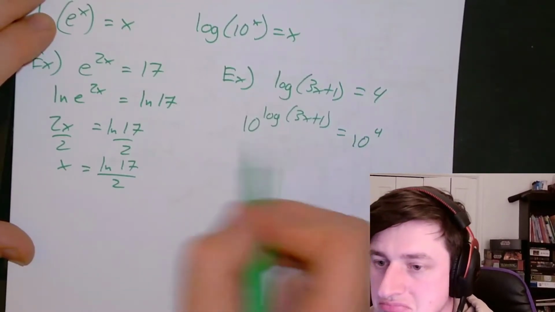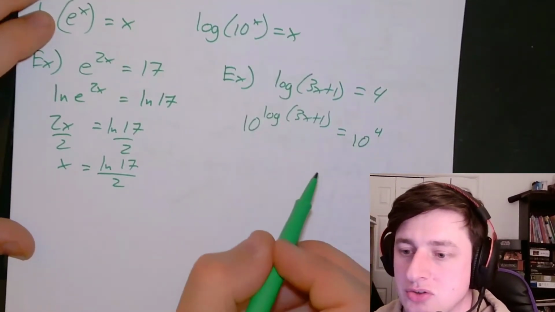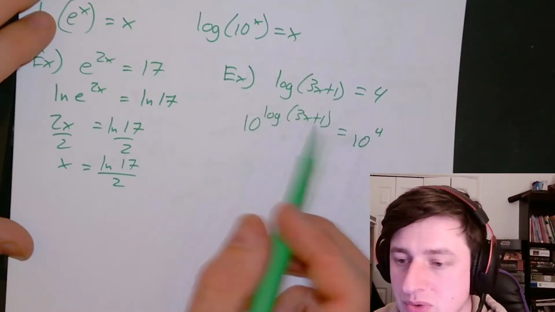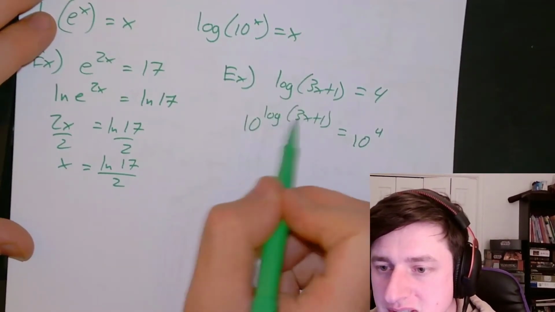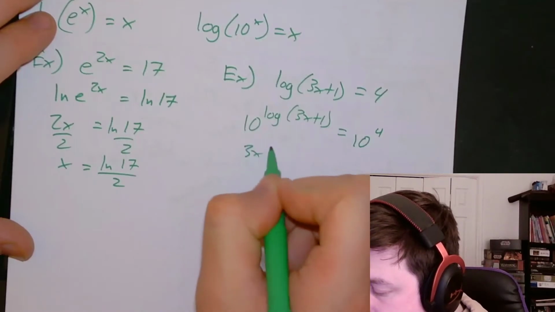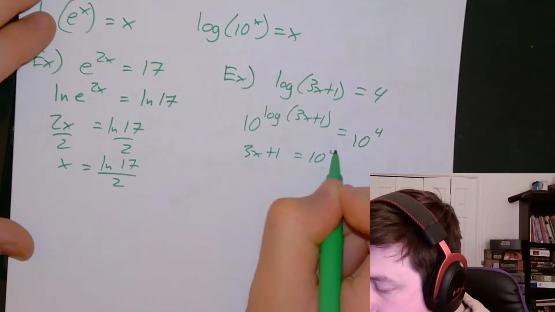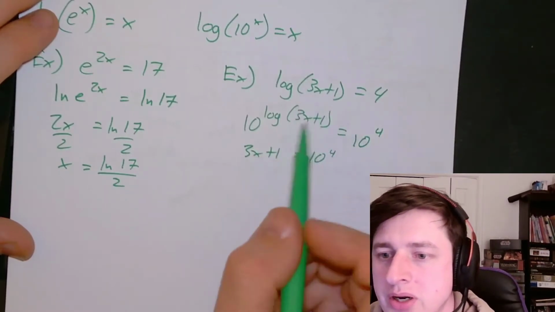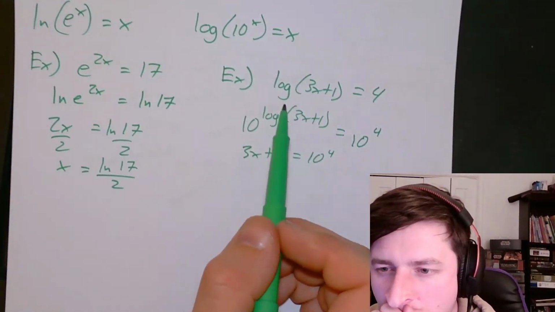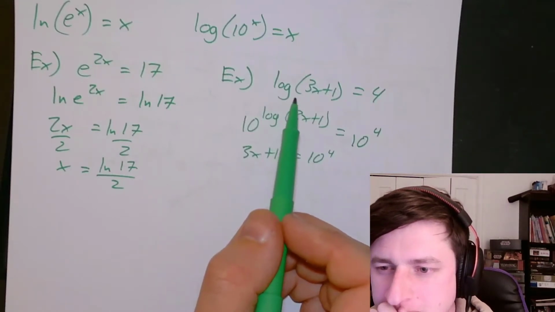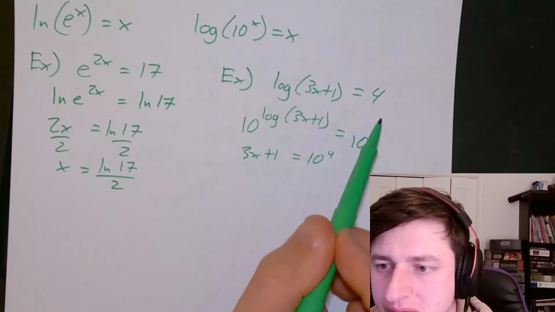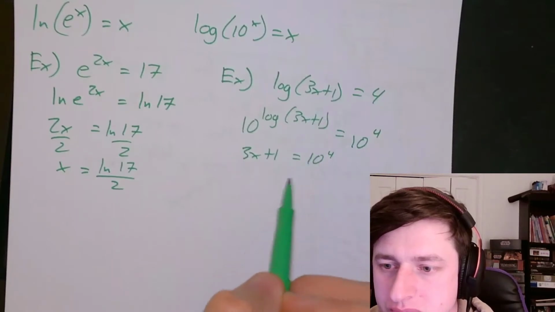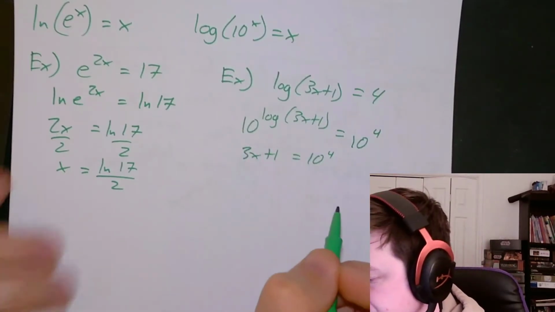Just raise everything to be the exponent with the power of 10. This is going to cancel into 3x plus 1 equals 10 to the 4th, which is what we would get if we rearranged it. Log base 10 to the power of 4 equals this thing. 10 to the power of 4 equals this thing.